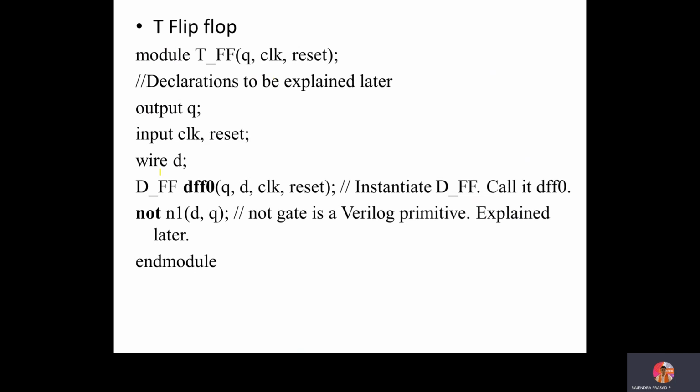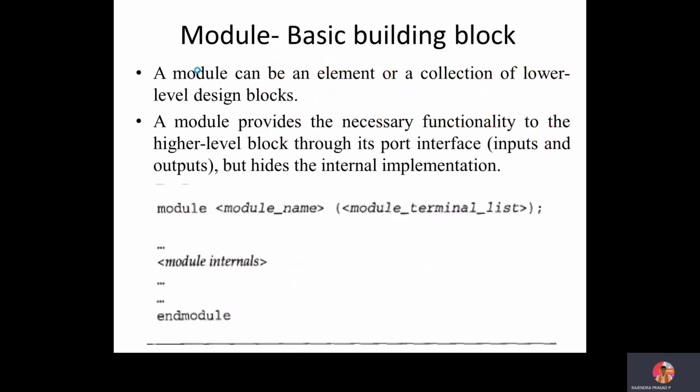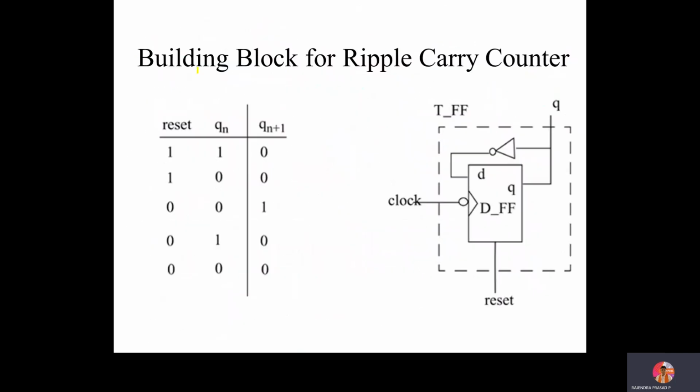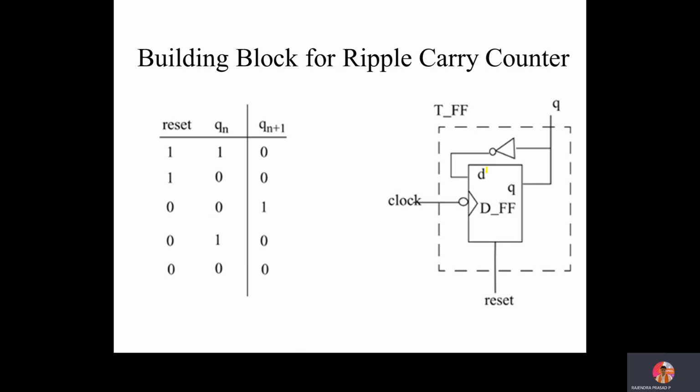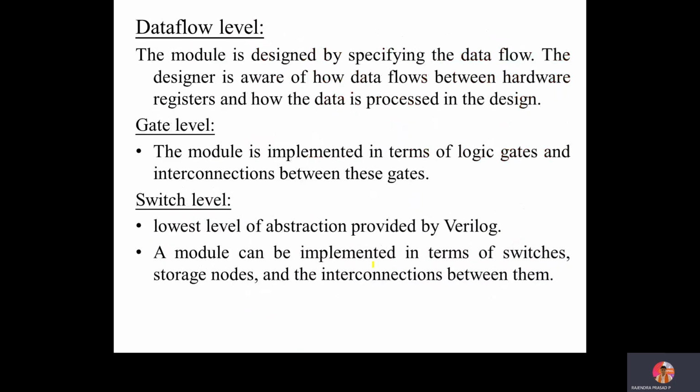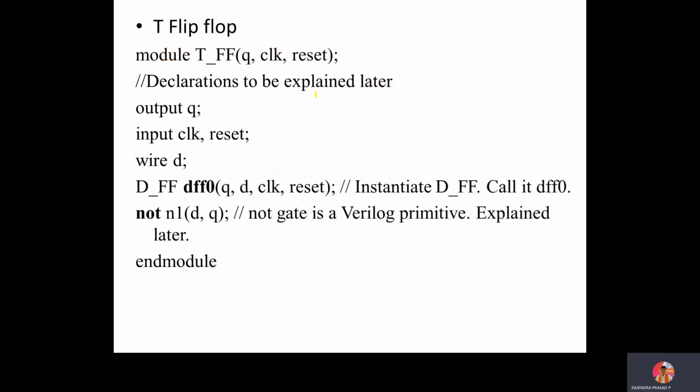Next, I am going to implement this T flip flop. I am going to implement it using the D flip flop and the inverter. So the D flip flop I am going to call as a function, and I am going to use the inverter in writing this subprogram, and that is what we have written in the subprogram.